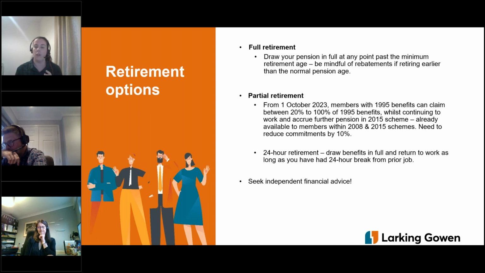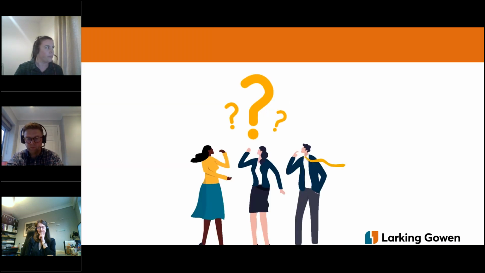So between 20 and 100%, I think in multiples of 10%. So there is much more flexibility now around retiring, so it's probably even more key to seek financial advice on what is right for you as an individual.